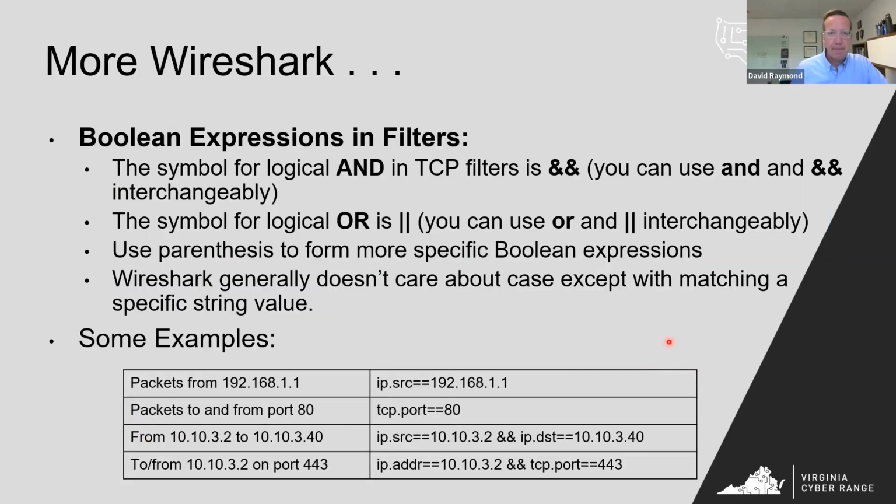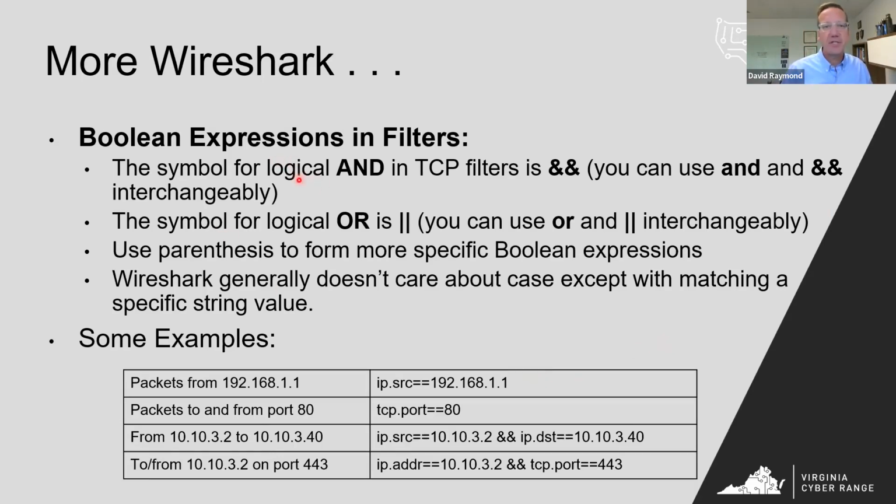Okay, so that particular filter had a Boolean expression in it, and so it's a useful filter to kind of explain it with. You can do some very specific filtering with Boolean expressions, and you can also use parentheses in your filters.